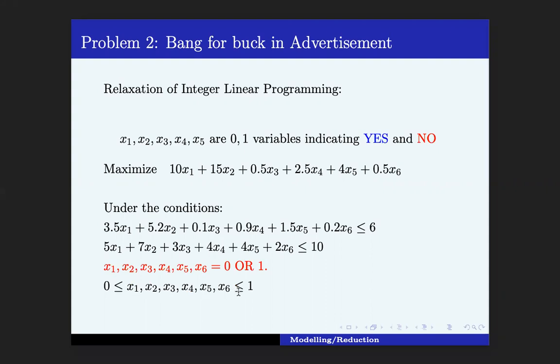They're real numbers. Now, of course, that doesn't make any sense, because what is the meaning of picking, say, the Cricket World Cup with 0.25 and IPL with 0.85? Of course, it doesn't make any sense. But sometimes, for the sake of computation, we relax this problem.